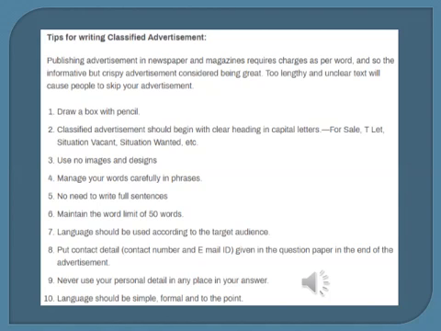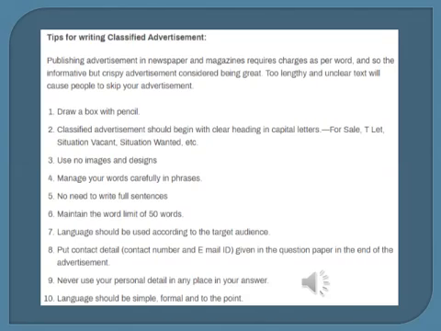So depending upon how many words the advertisement contains, the charges are there. So therefore you have to use minimum words and convey maximum. So an informative but crisp advertisement is considered best. Too lengthy and unclear text will cause people to skip your advertisement.